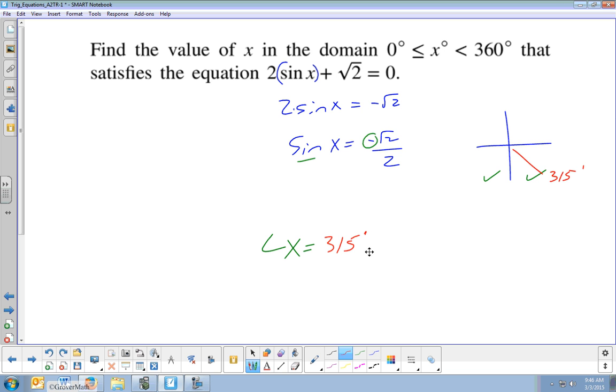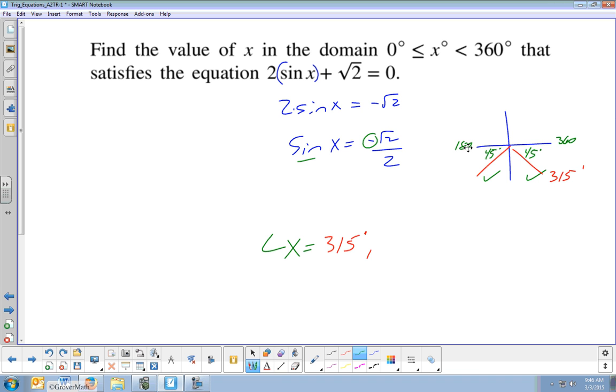What my calculator's not telling me is my quadrant 3 angle. But again, you recognize the reference here is that 315 is 45 degrees away from the x-axis of 360. Well, this angle also needs to be 45 degrees away from the x-axis, but this x-axis over here is 180.